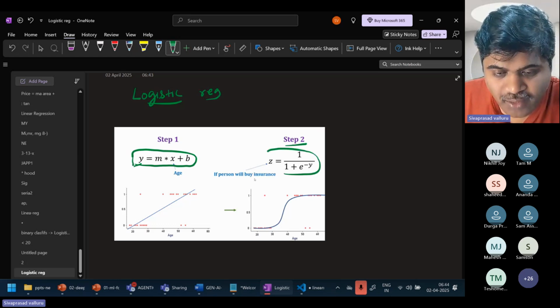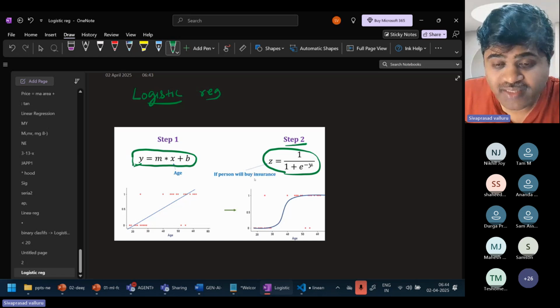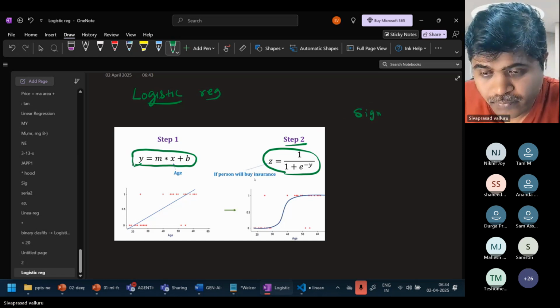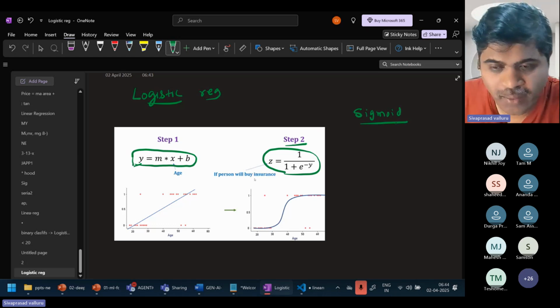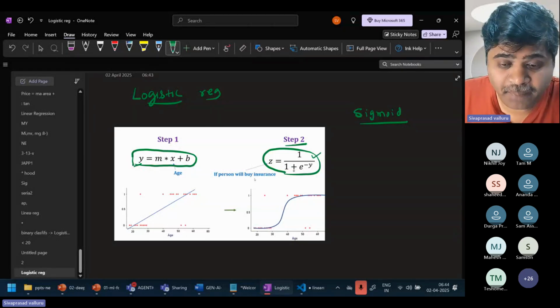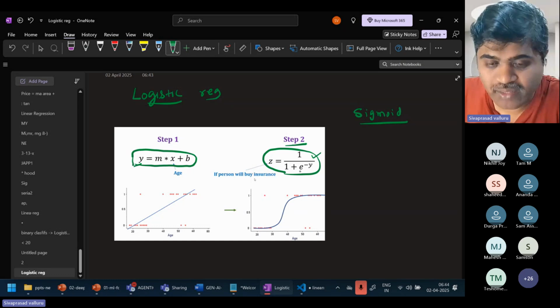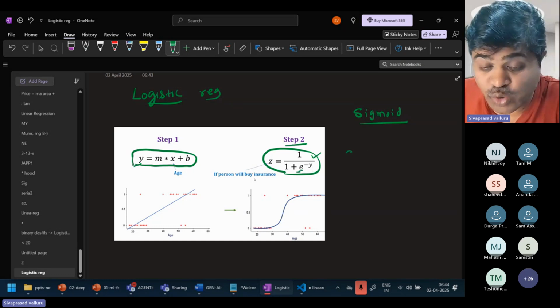This is a formula. I can call this a function called sigmoid, because the scientist who found this formula, his name is Sigmoid. We call this the sigmoid function. The function is 1 by 1 plus e to the power minus y. E is a constant called Euler's number.